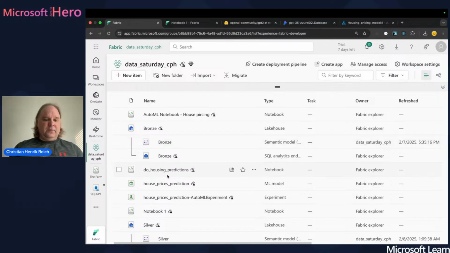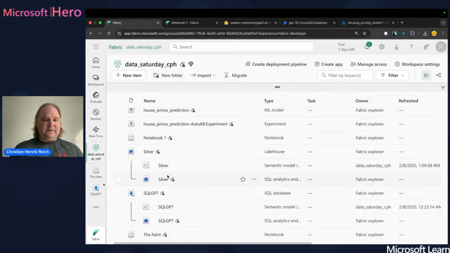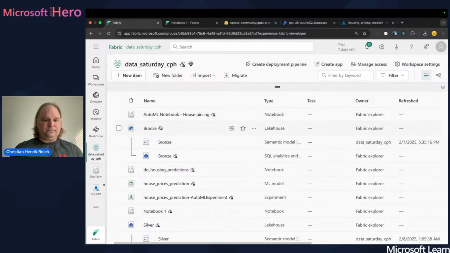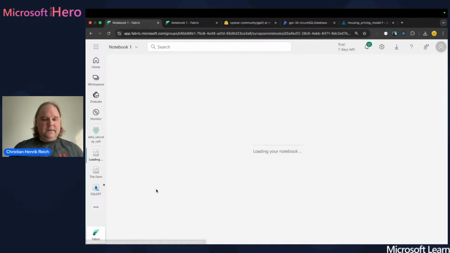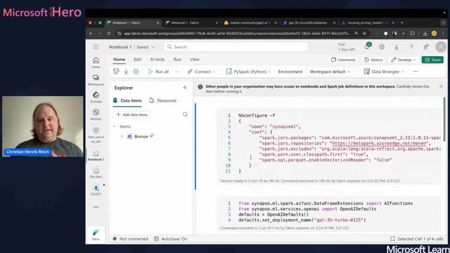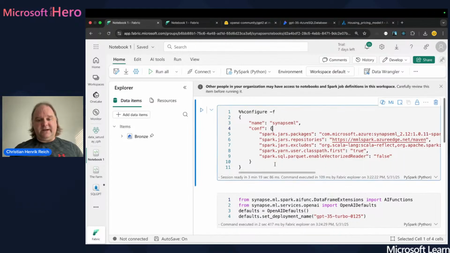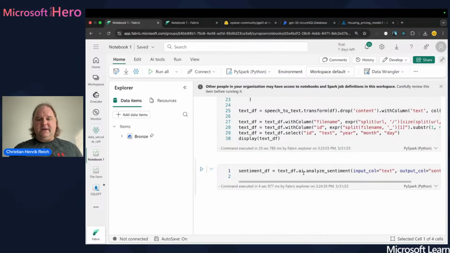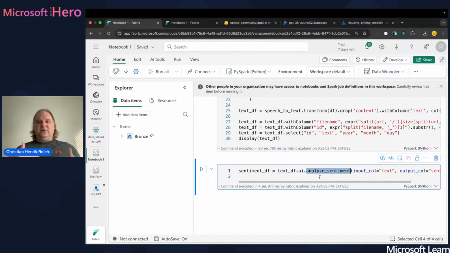It was a lot of code, so Microsoft has introduced a new scope. Again, it's based on Synapse ML, but they have introduced this AI scope, and now we can call a lot of these services as one command.